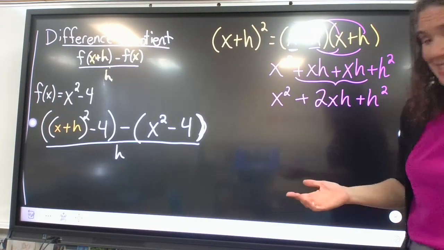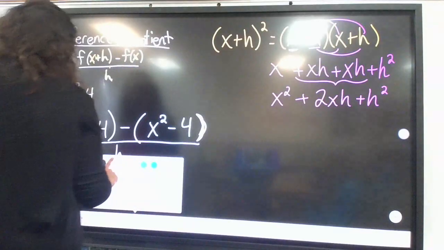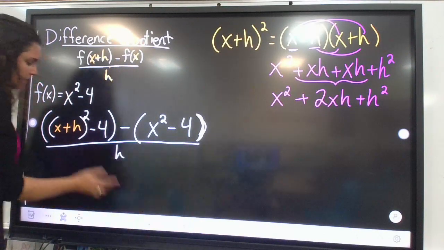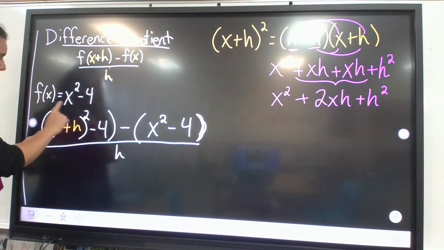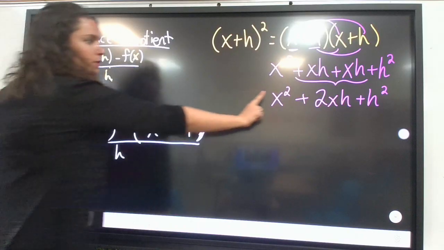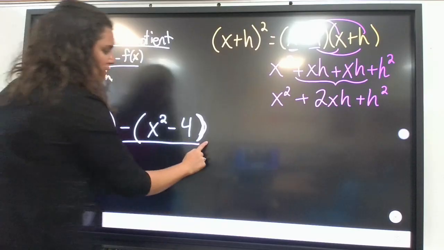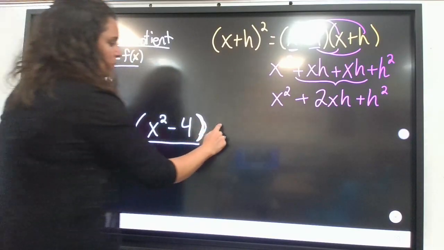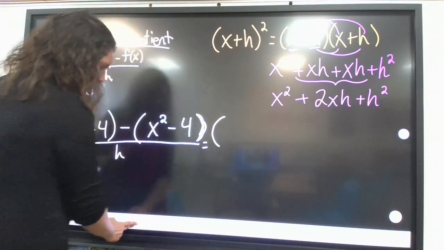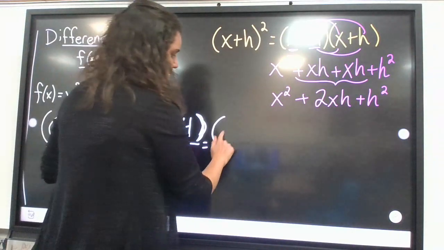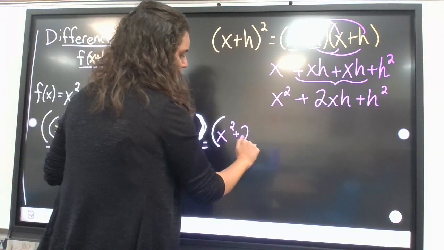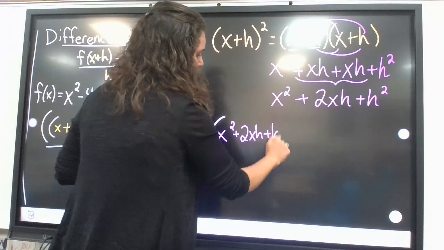So why is that helpful at all? Well, if we're going back to our original equation over here, I can now replace this x plus h squared with our stuff in purple. So we're going to write all of that purple down. x squared plus 2xh plus h squared.